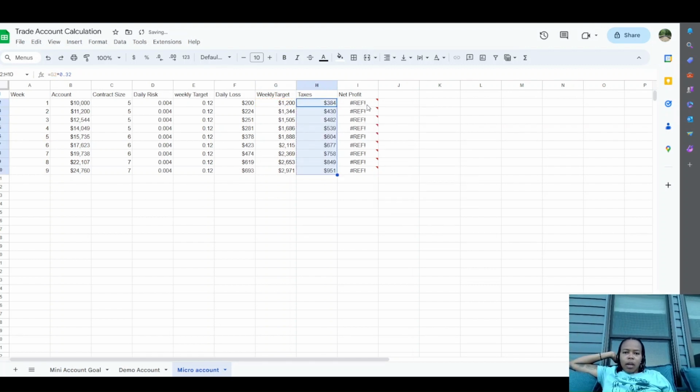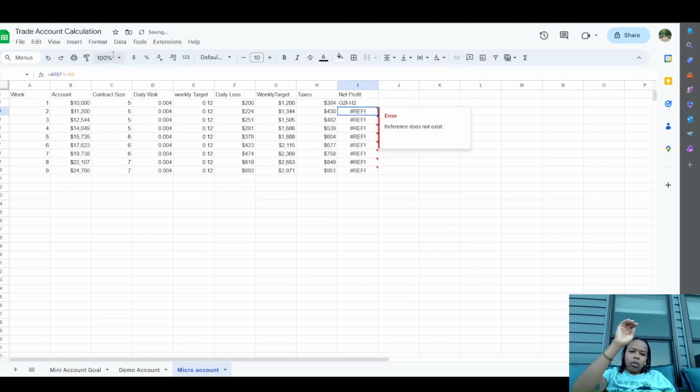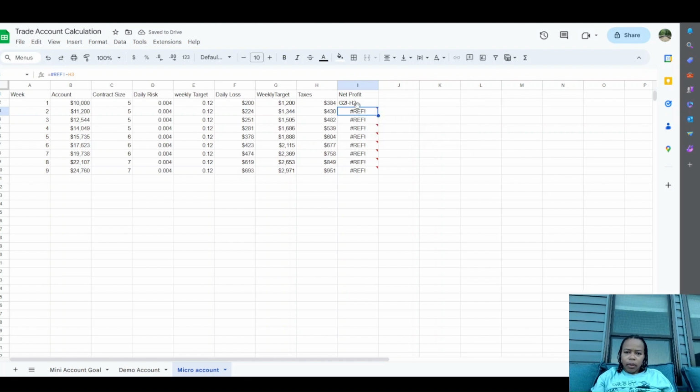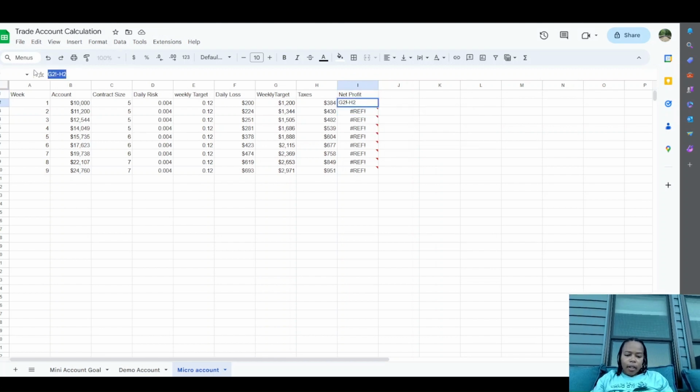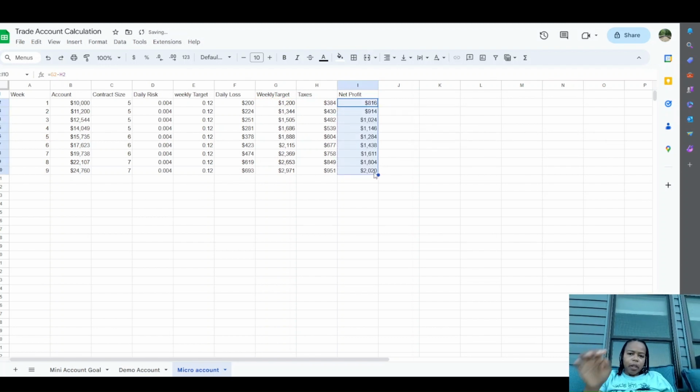And then the net profit will be H2 minus G2. Hold on, my math is pretty terrible. It's equal to the weekly minus taxes. And let's drop this down.